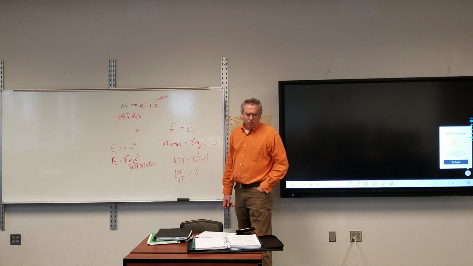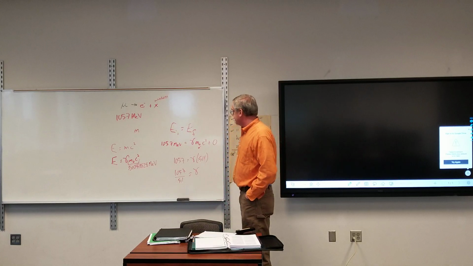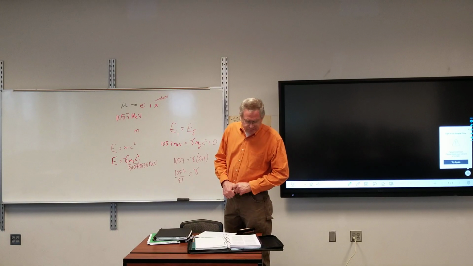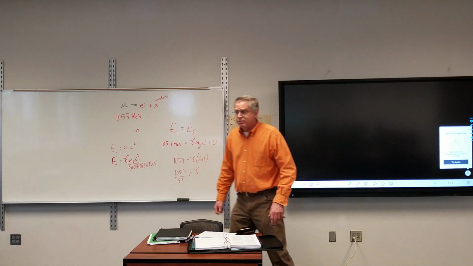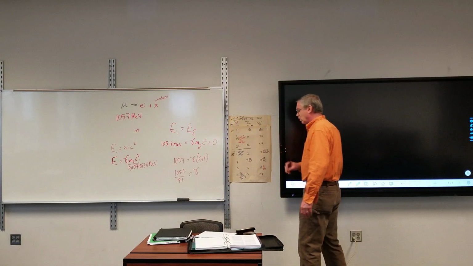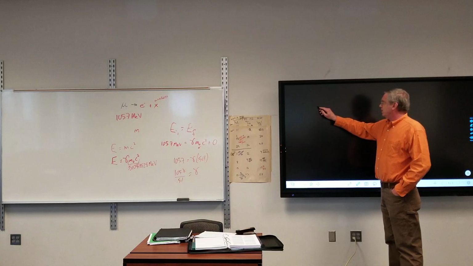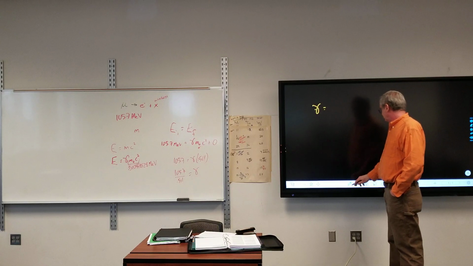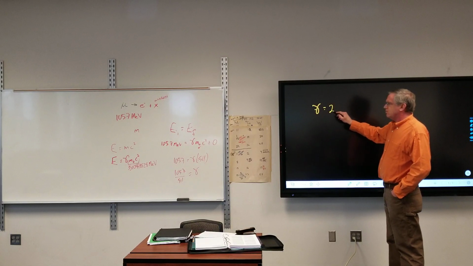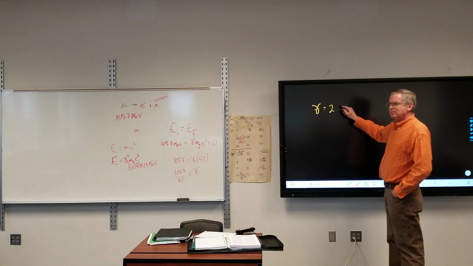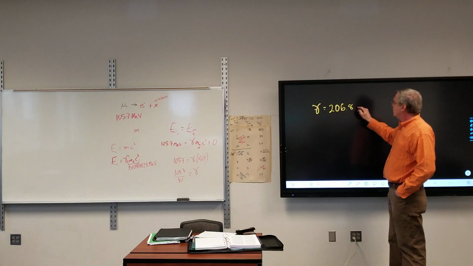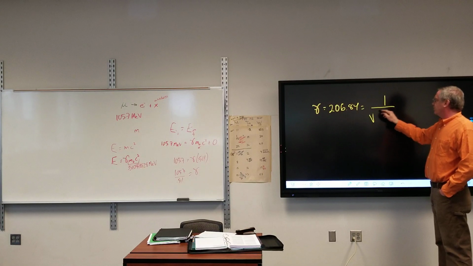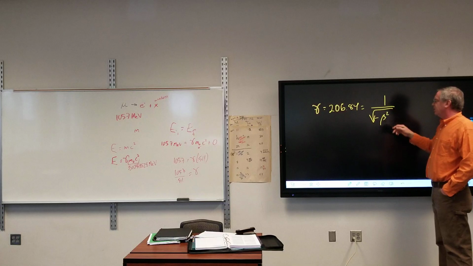And so then part B, the electron's velocity, well, properly it should be what is the electron's speed, since we don't have a direction here, or magnitude of velocity. And I know gamma, of course, is 206.84. Gamma is 1 over the square root of 1 minus beta squared.